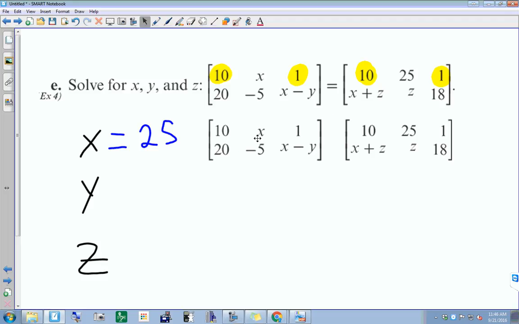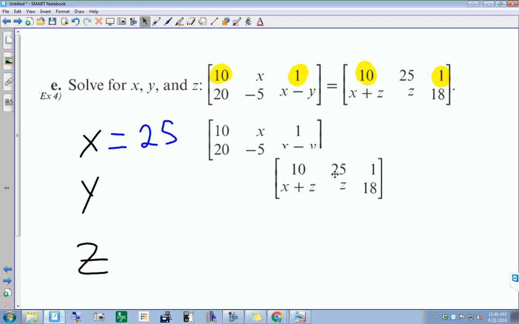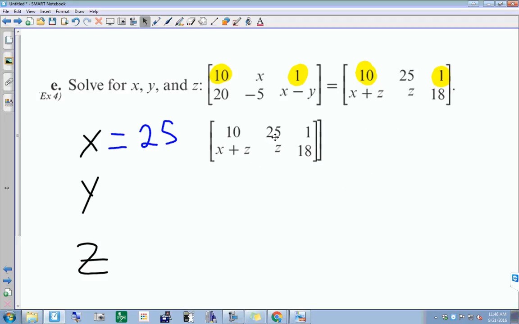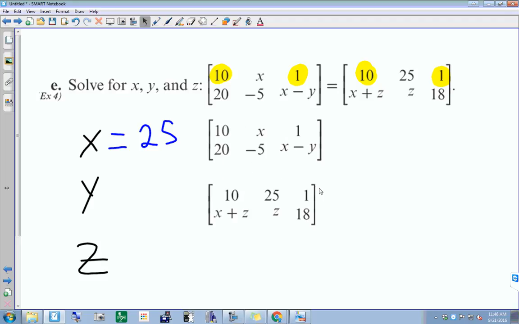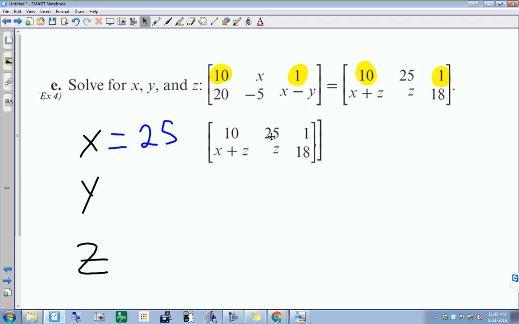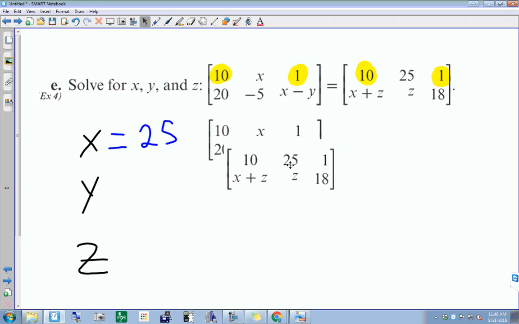Okay. So now, this is the instance for it, right? This matrix and that matrix. They're supposed to be exactly the same. Now, if I take this and lay this right down on top of here, I've got 3 across, 2 down, 2 down. And if these are supposed to be exactly the same, because if I look here, I've got a 10 and a 10, right?